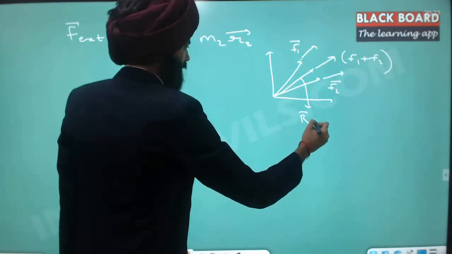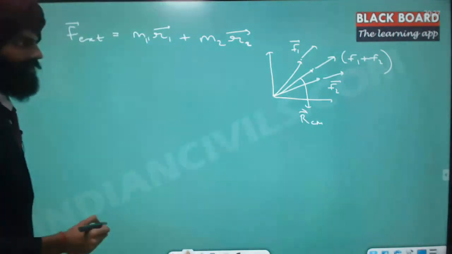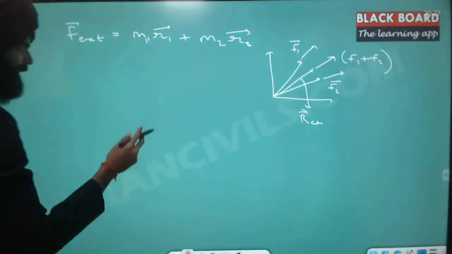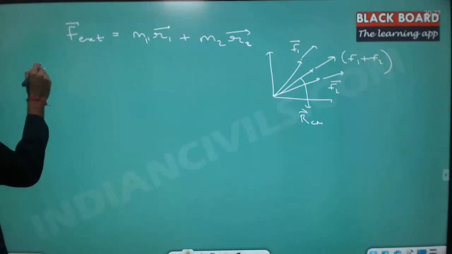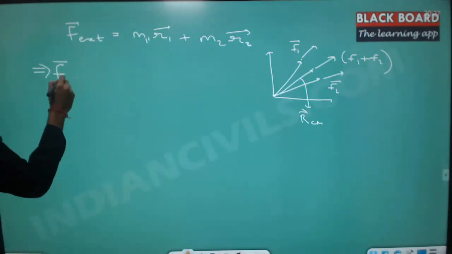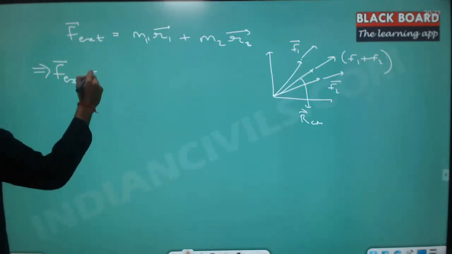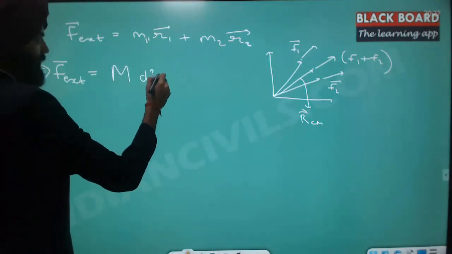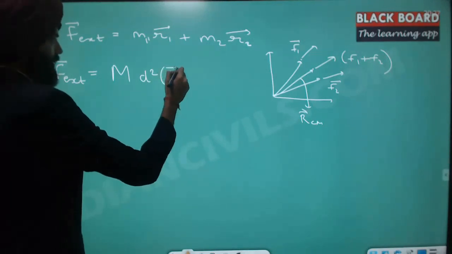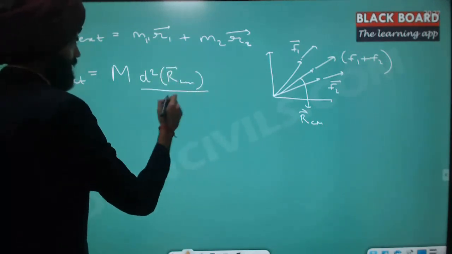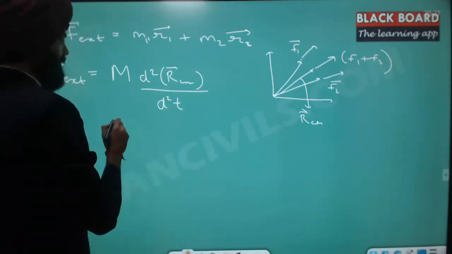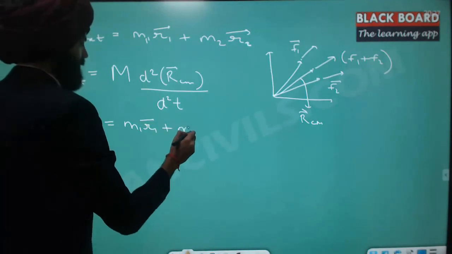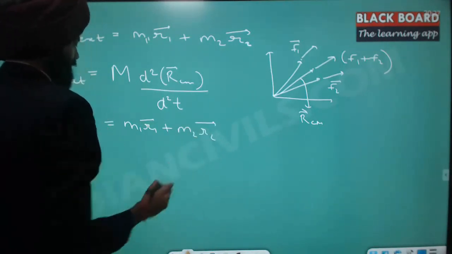So what we do is we assume this point is at a distance r center of mass, because this arbitrary point is nothing but the center of mass of these two particles. Then we can write F external equals M times the double derivative of r center of mass.